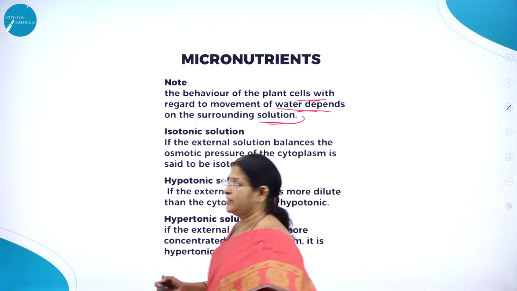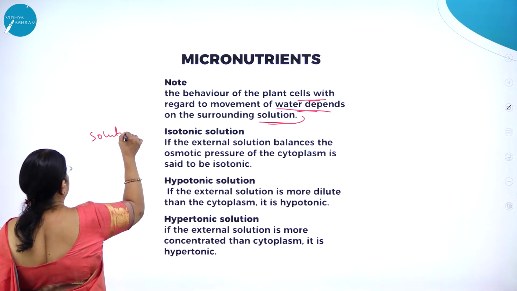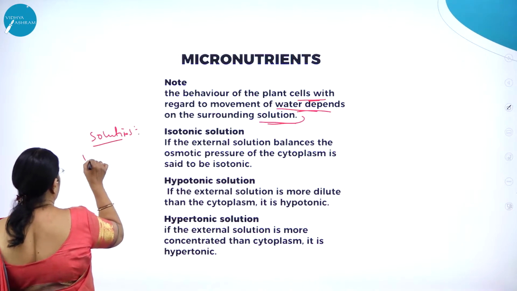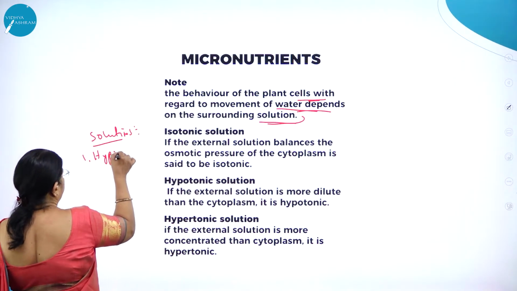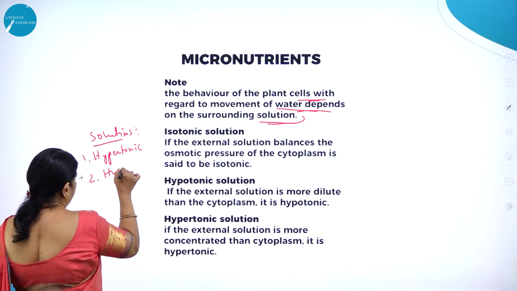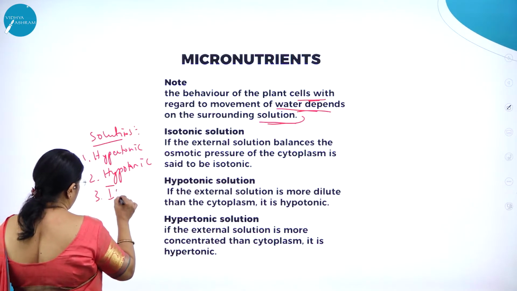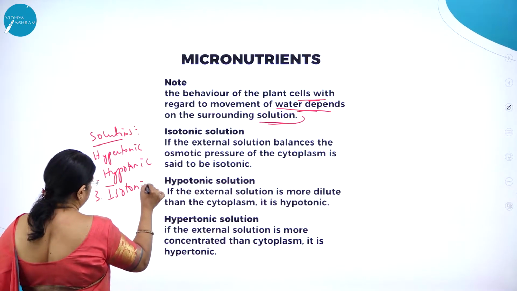What do you mean by that? There are three types of solutions. One is called hypertonic solution, the second is called hypotonic solution, and the third is called isotonic solution.